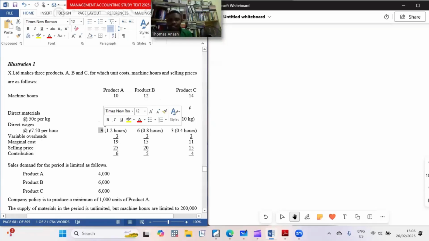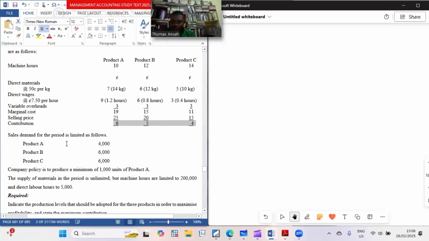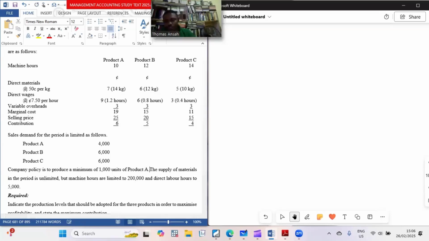That makes it 16. Then plus 3, then you have 19. You have your selling price, and you have already gotten your contribution. And the sales demand for the period is this. The company policy is to produce a minimum of 1,000 of product A.